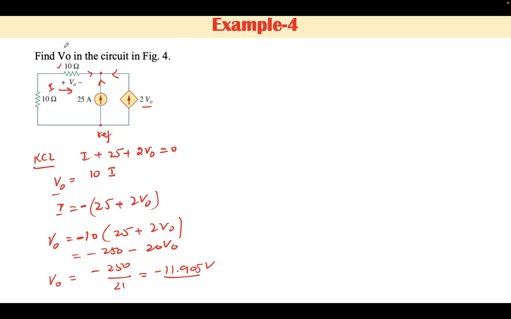And that's what we have to find out in this circuit. Whatever the direction of current we have considered, the potential across the 10 ohm resistance is found to be opposite to the given value, and hence this is 11.905 volt in magnitude, with this end plus and this end minus.